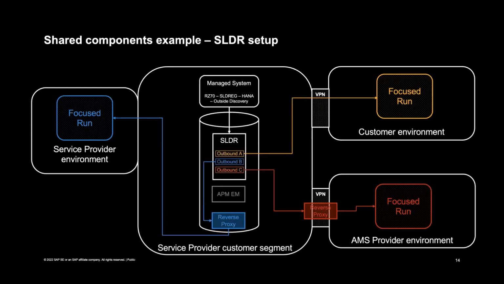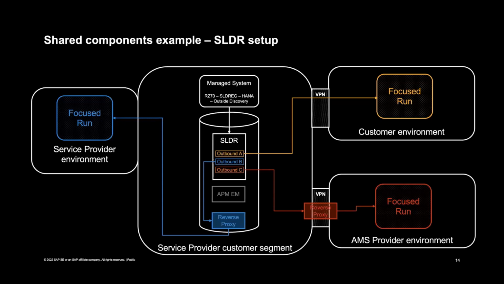Additionally, to make sure that all the landscape data is transmitted to all the Focused Run systems, we have to make sure that we have the SLD data providers configured to send data to all Focused Run systems. There are different SLD data suppliers available, like RZ70 in ABAP, like SLD Reg for HANA and ABAP, for HANA and Java, and like outside discovery for all the host-based data.